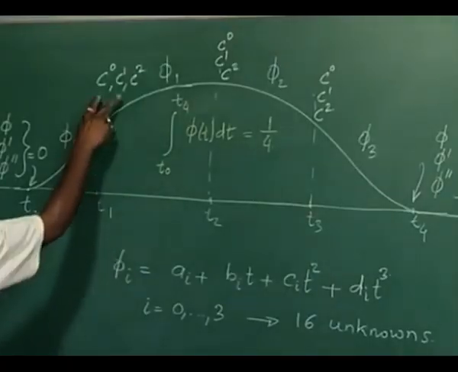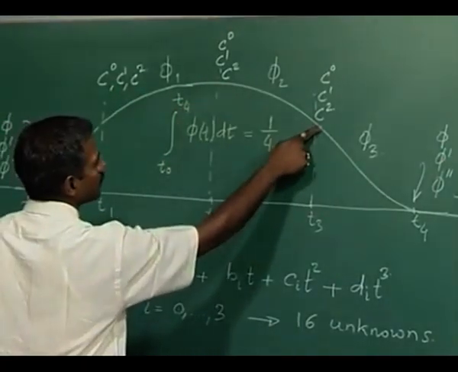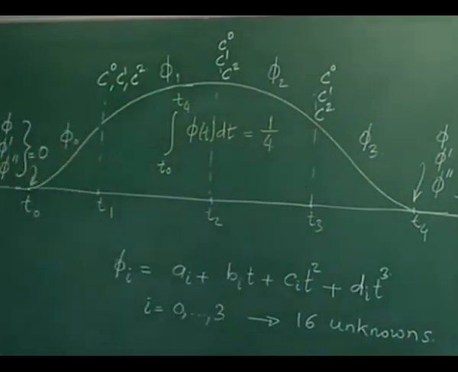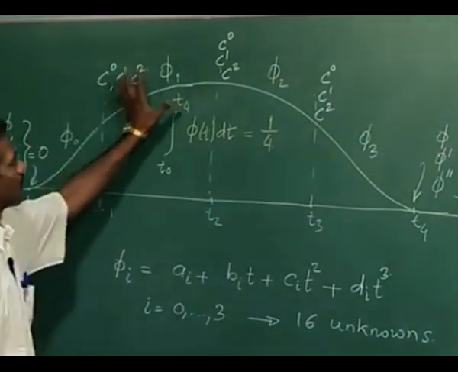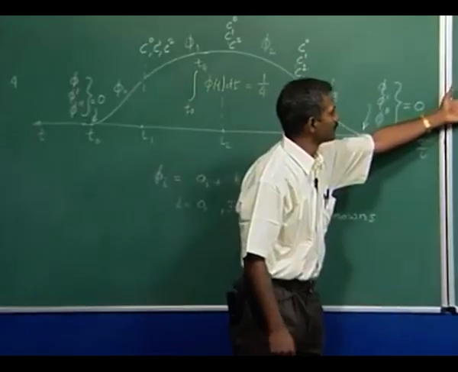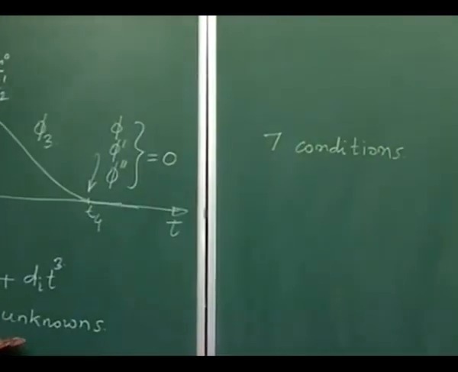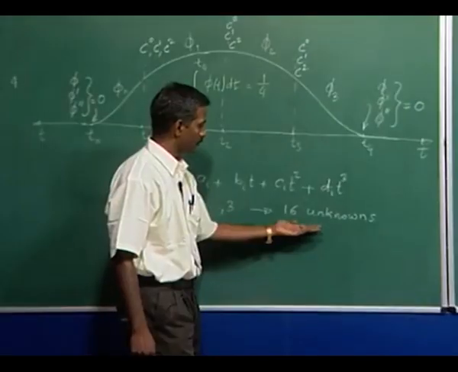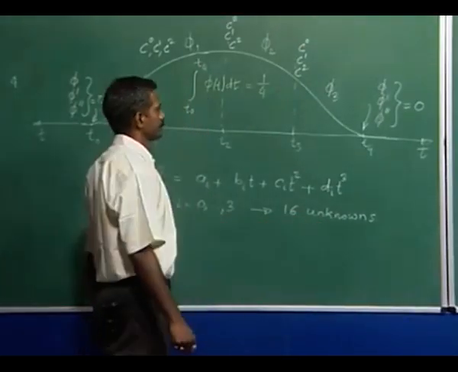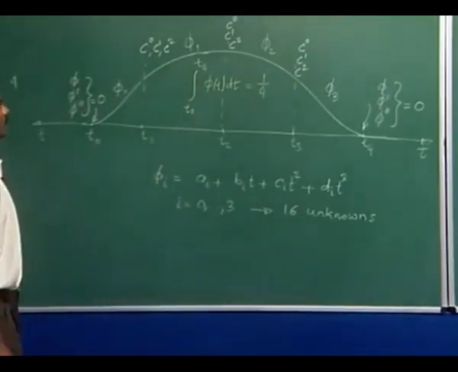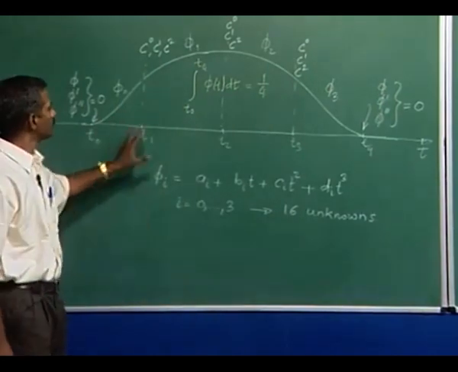So these are additional 3 plus 3 plus 3, 9 conditions. 9 plus 7 would be 16 conditions required to determine 16 unknowns overall. Now, this is something that you have known from before.